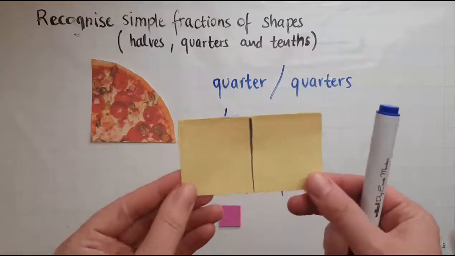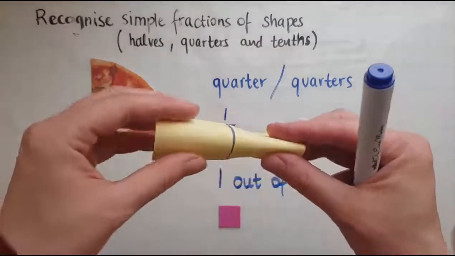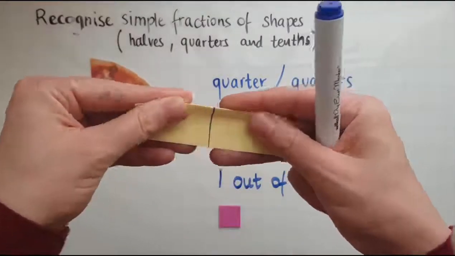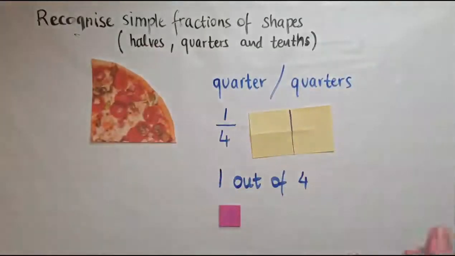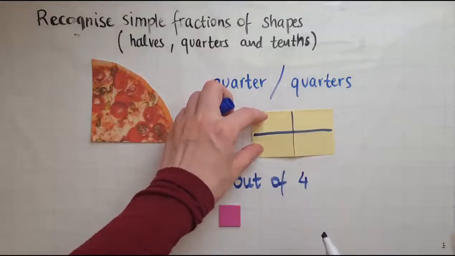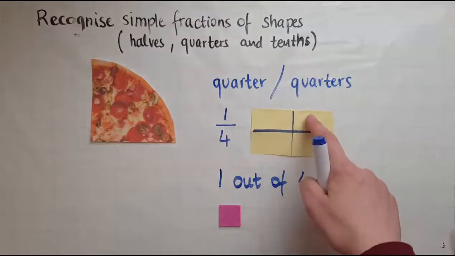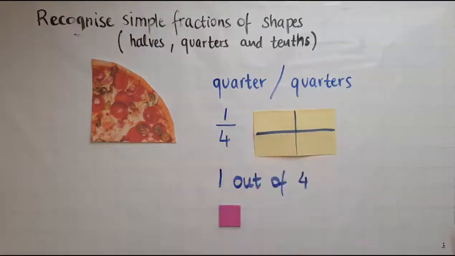So I have this shape which I cut in half before. What I'm going to do is I'm going to fold it in half again, the other way around, lengthways. So that has been cut into 4 equal parts now. So one of these is a quarter, this is another quarter, this is another quarter, and that's another quarter.